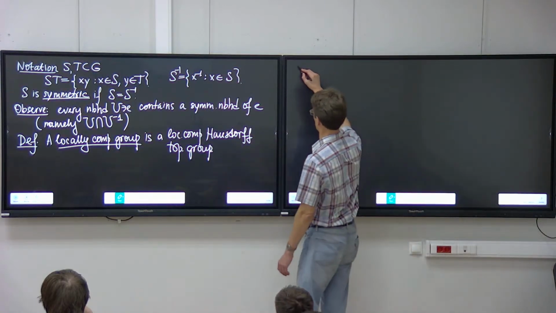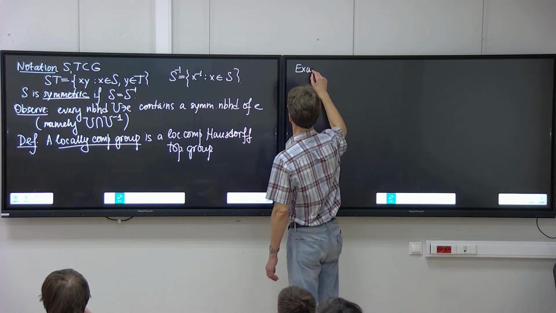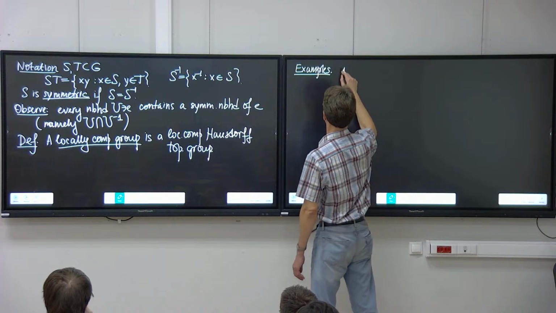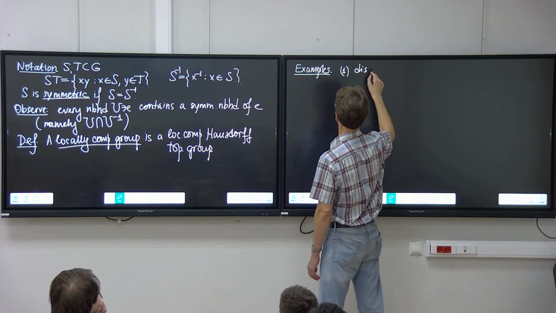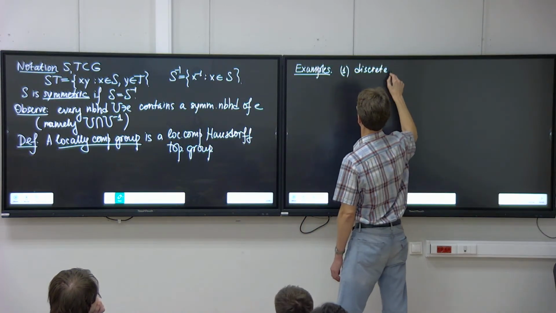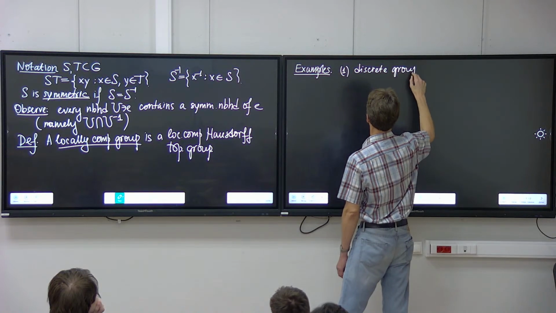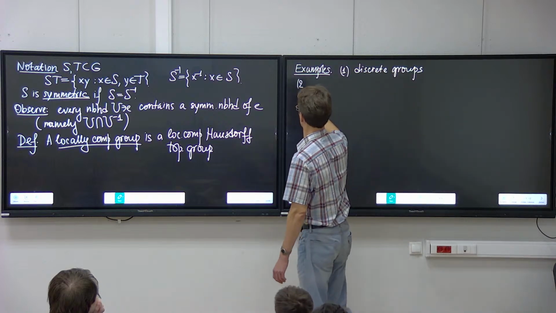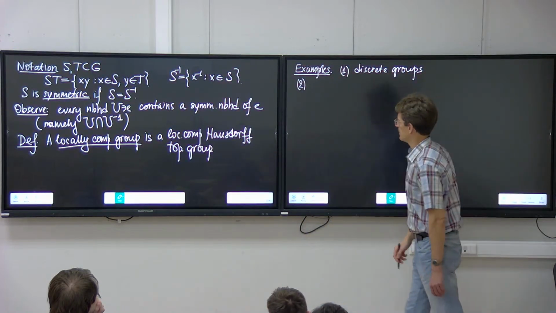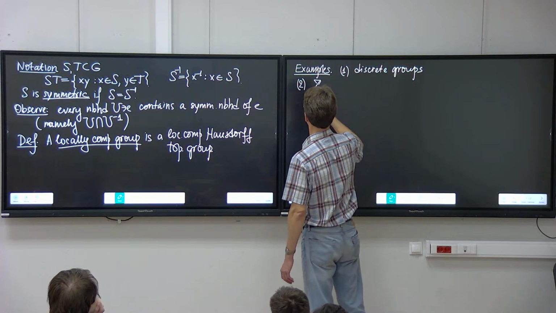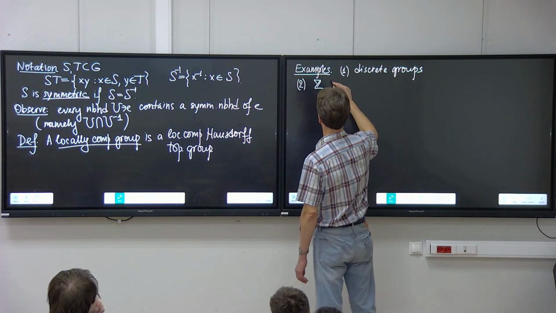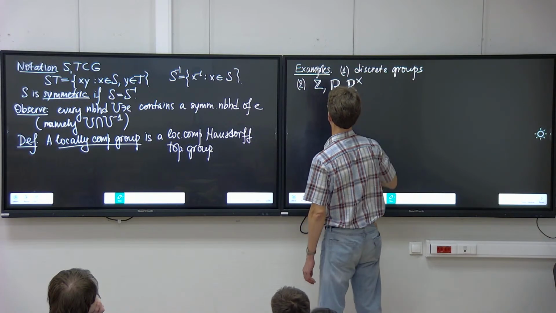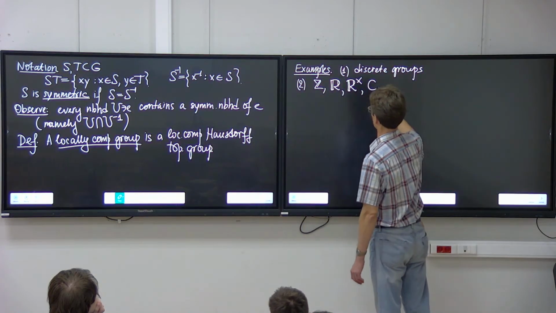Well, let's look at some basic examples of such groups. Of course, all discrete groups are locally compact. In particular, the group of integers is locally compact because it's discrete. The real line and the multiplicative group of the real line are locally compact, and the same is true for the complex plane.